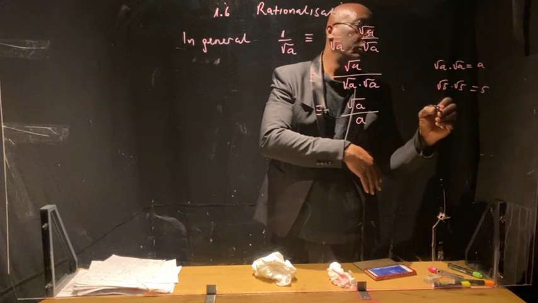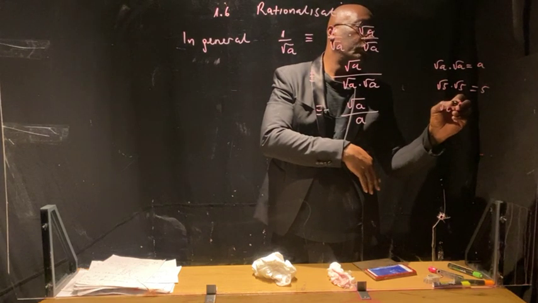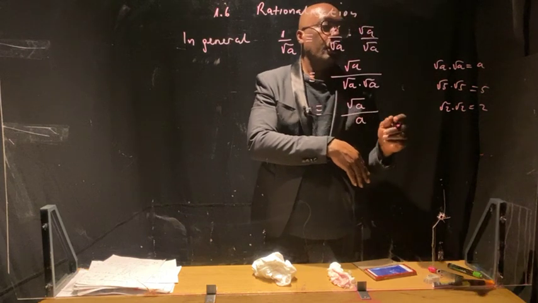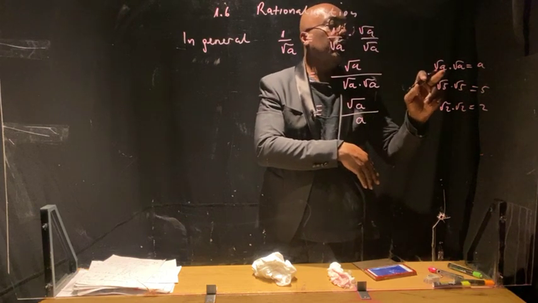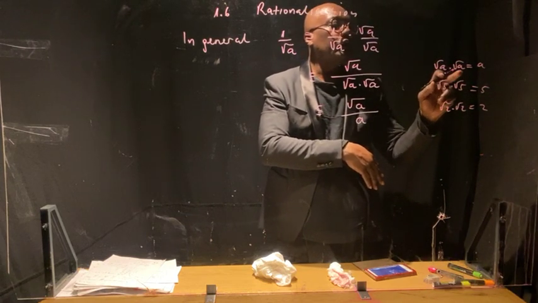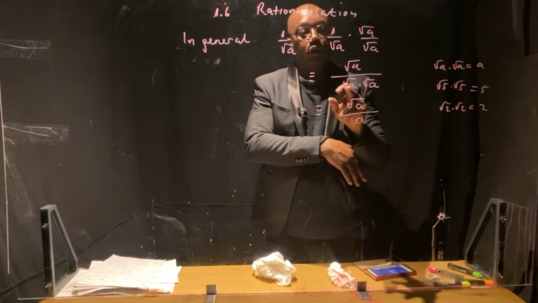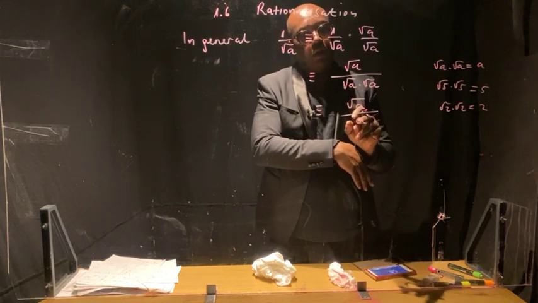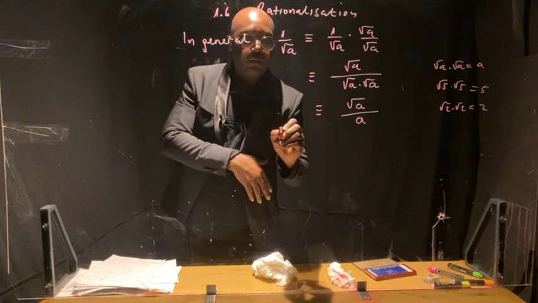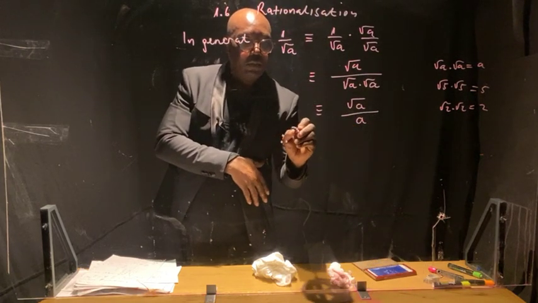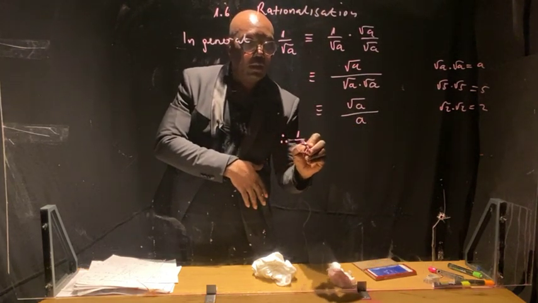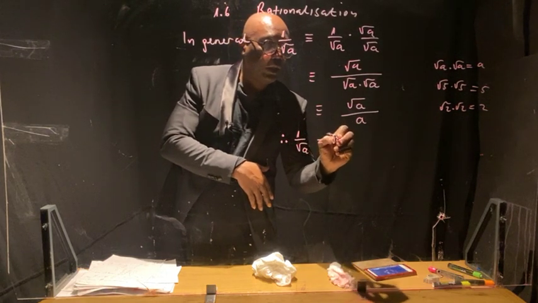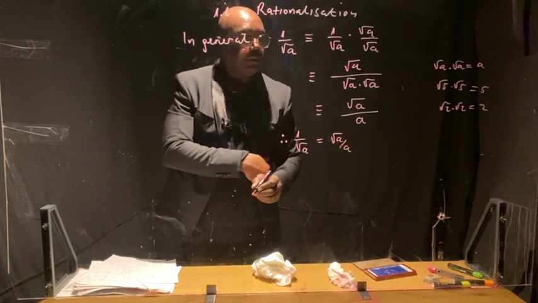Let's say root 2 times root 2 is equal to 2, which means root A multiplied by root A is equal to A. So as root A here is multiplied by root A here, we have A. Therefore, 1 over root A is equal to root A over A.